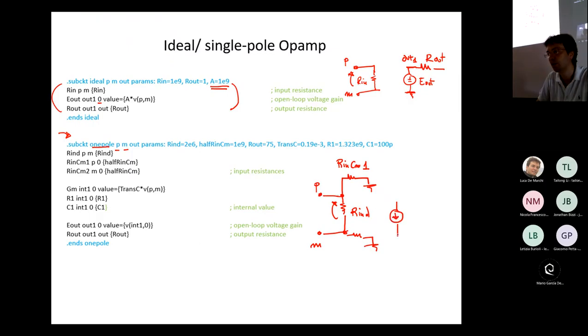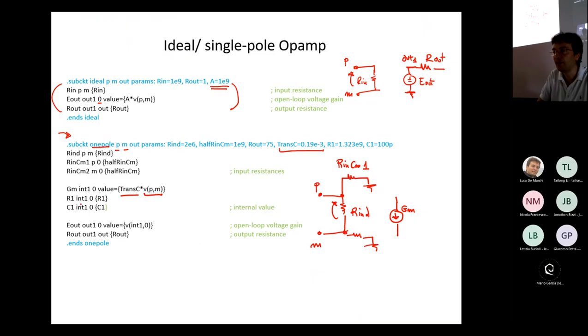So we have a voltage control current generator, which is GM. We take the voltage between node plus and minus, and we multiply this voltage times this transconductance value, given by this formula. This generates a current.